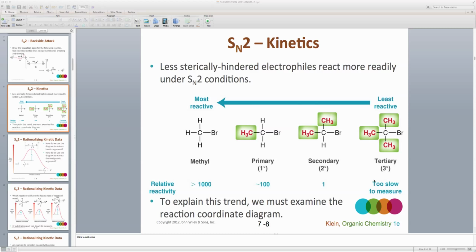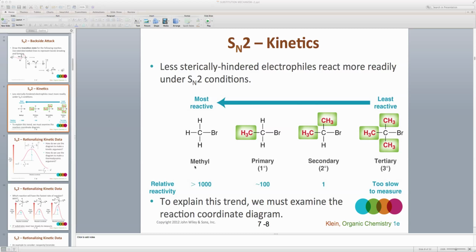But the tertiary is too slow to measure. Typically in organic chemistry, if we have a methyl substrate or a primary substrate, it will always proceed by the SN2 mechanism. We'll get into more of the details of this once we complete the picture with SN1. But primary substrates, methyl substrates, will always proceed by the SN2 mechanism.